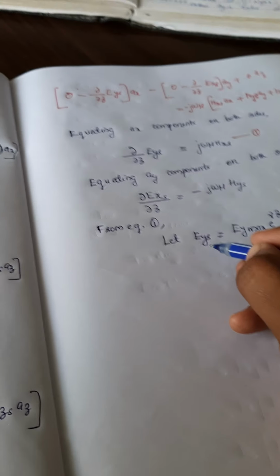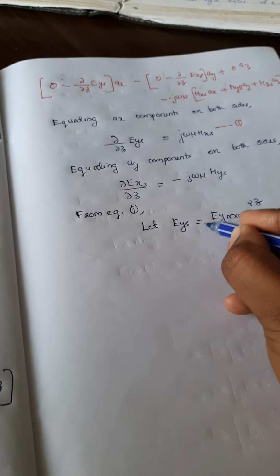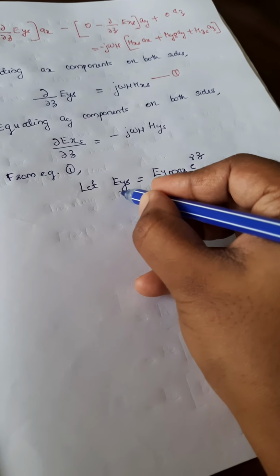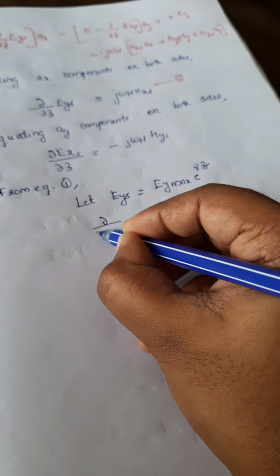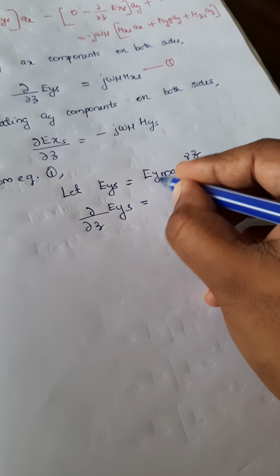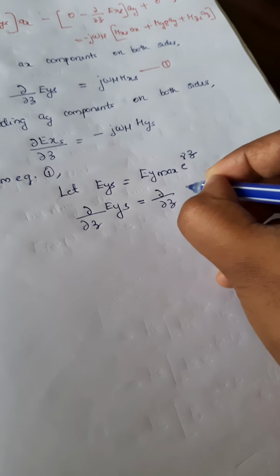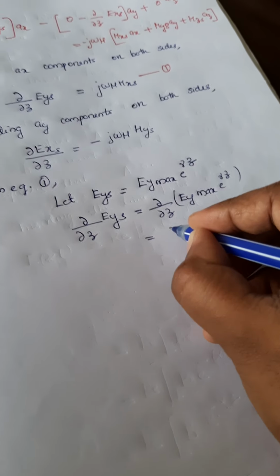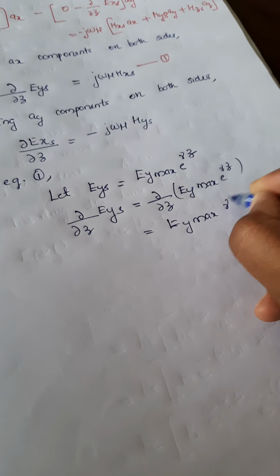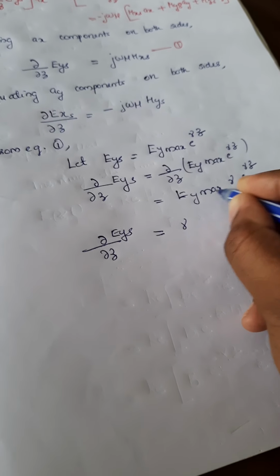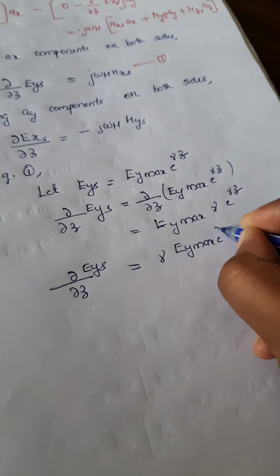Taking the partial differential of Eys, dou by dou z of Eys is dou by dou z of Ey max e raised to gamma z, which becomes gamma times Ey max e raised to gamma z.